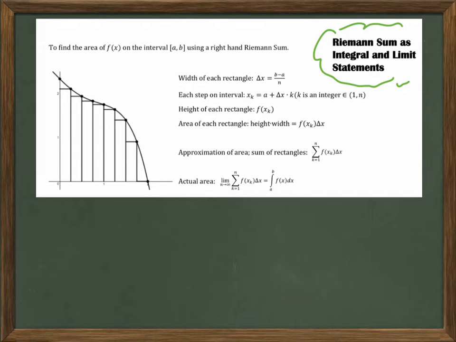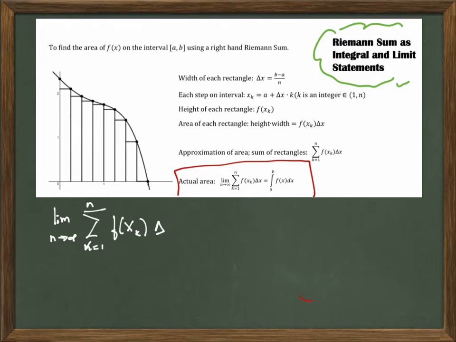Okay, so what we're talking about is coming up with a Riemann sum. This is the actual thing we're trying to do. Now let me explain. The integral, the actual area under the curve, can also be written as a limit, as n goes to infinity of a sum, k equals 1 to n, of the function f of x_k times delta x.